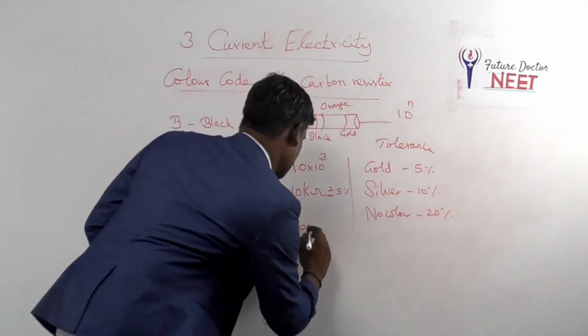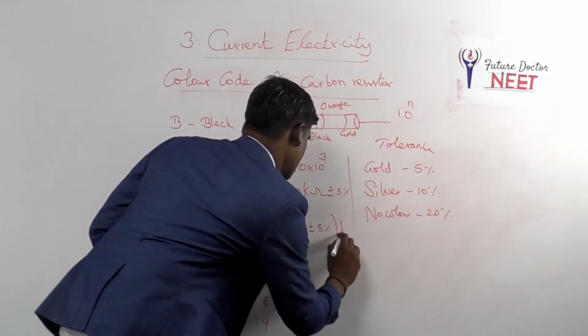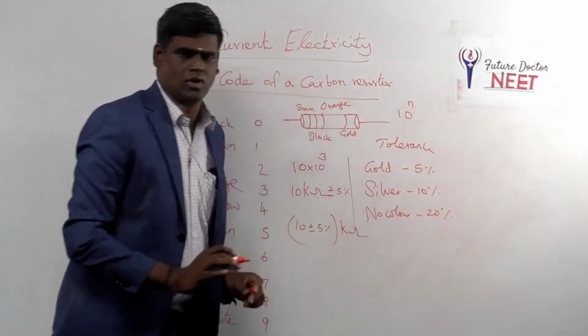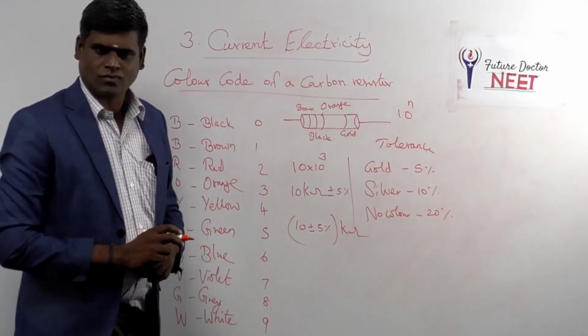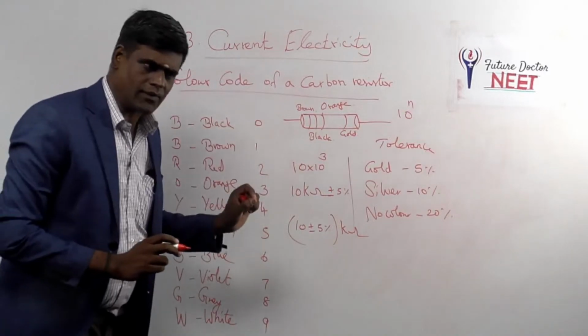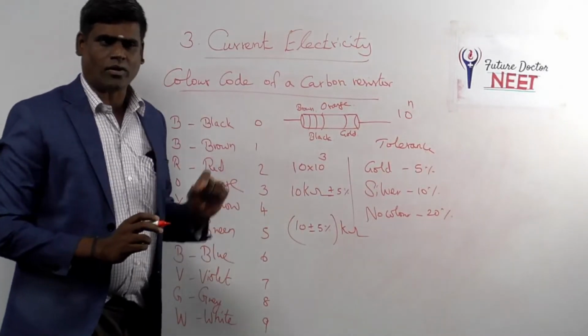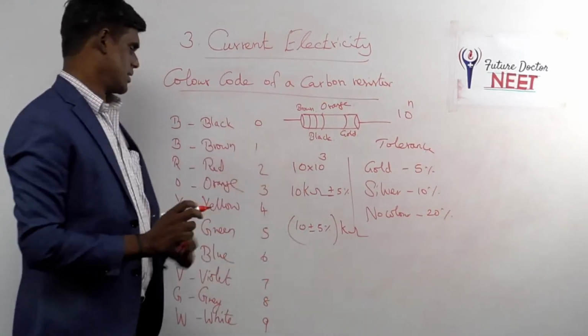So this is the value of the resistor. Okay. So by seeing the color code, we can find or calculate the resistance of a given carbon resistor.